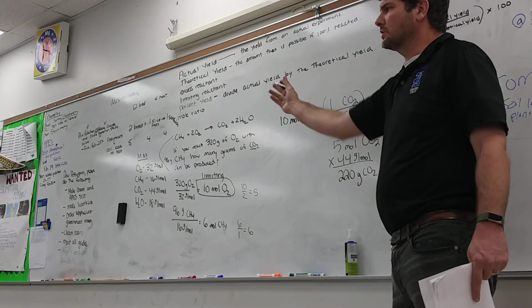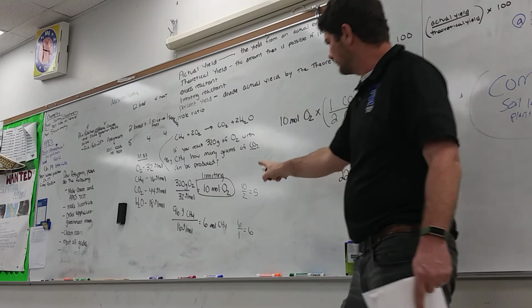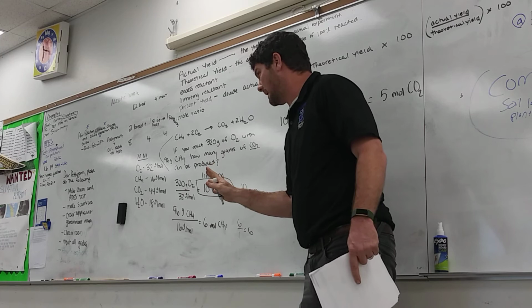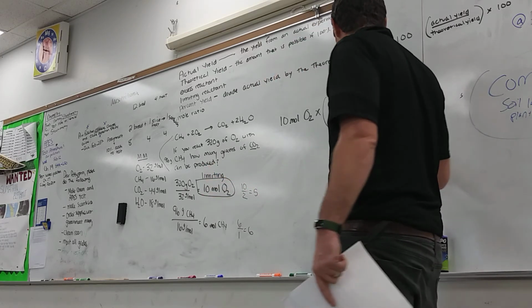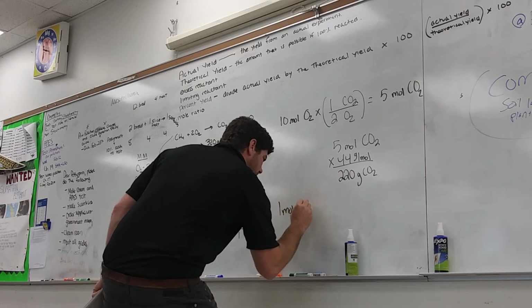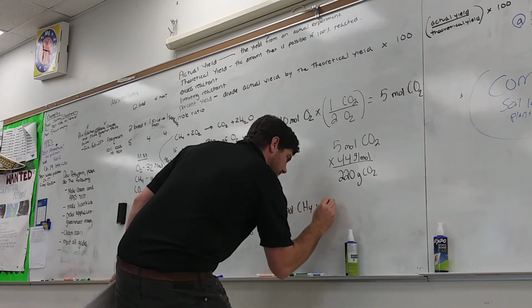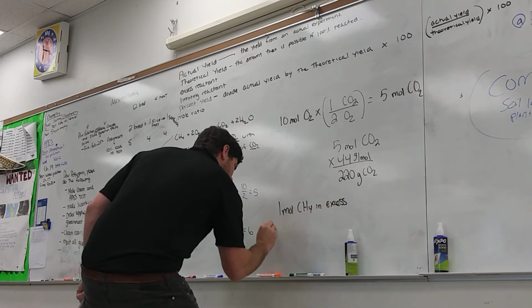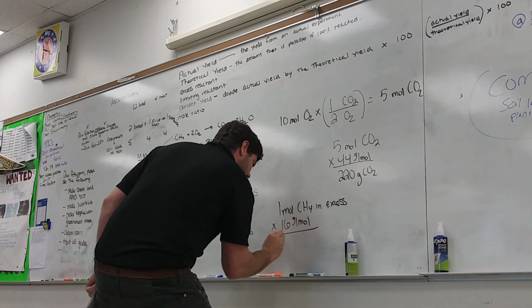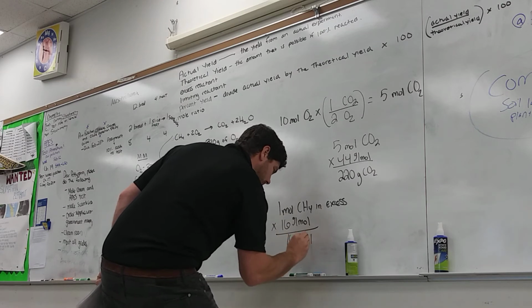So don't you then have 1 mole left over? Because we have 6 moles of CH4, but only 5 moles could actually react. So your excess is 1 mole of CH4. And you could take that times the molar mass of CH4, which is 16 grams per mole, which is 16 grams of CH4 in excess.